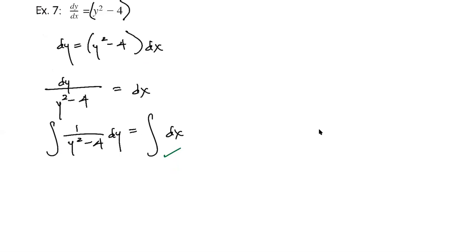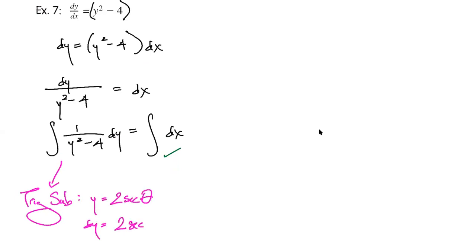Yeah, which one? Partial fractions. Okay. So I heard, let's stick with the trig sub for a moment. Which trig sub should we use in this case? Secant. Yeah, exactly. We could let y equals 2 secant theta, and dy would equal 2 secant theta tangent theta d theta. Okay, so that's one option.